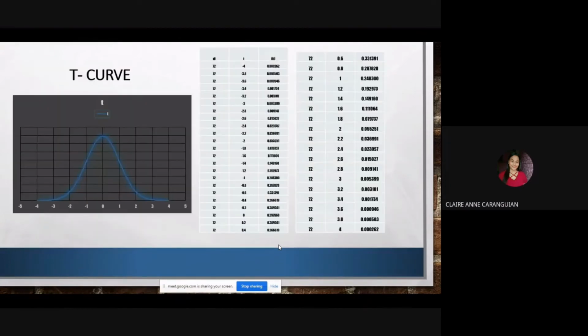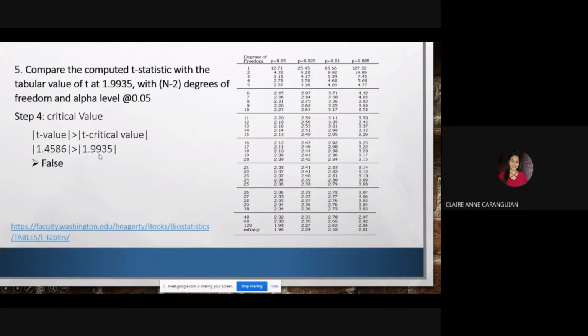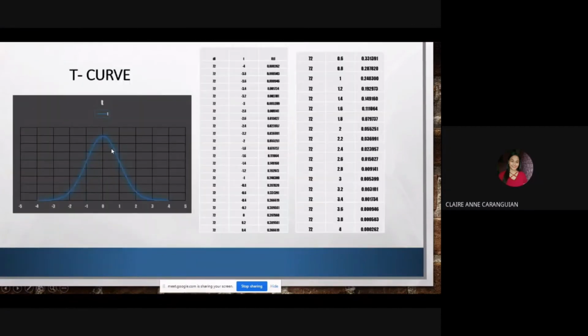Next is requirement B. Let me just show the t-curve. This is the t-curve. Our t-critical is 1.9935, positive and negative. This part here is the critical level or the significance level, and also here. Then the result of our t is inside the do not reject region.